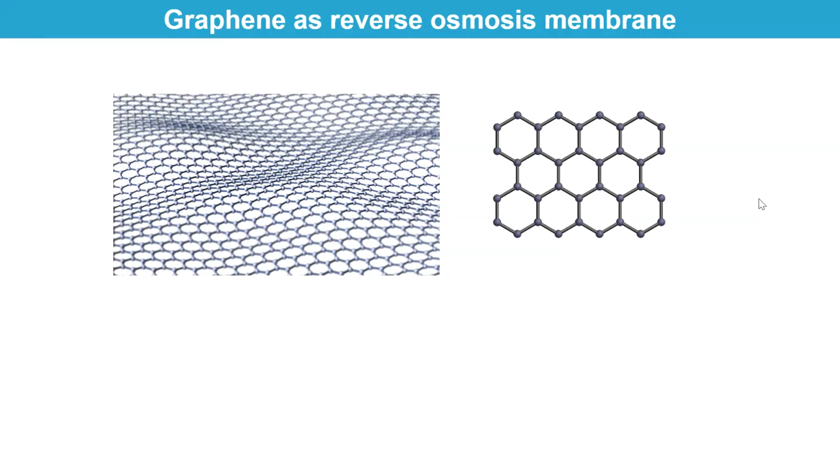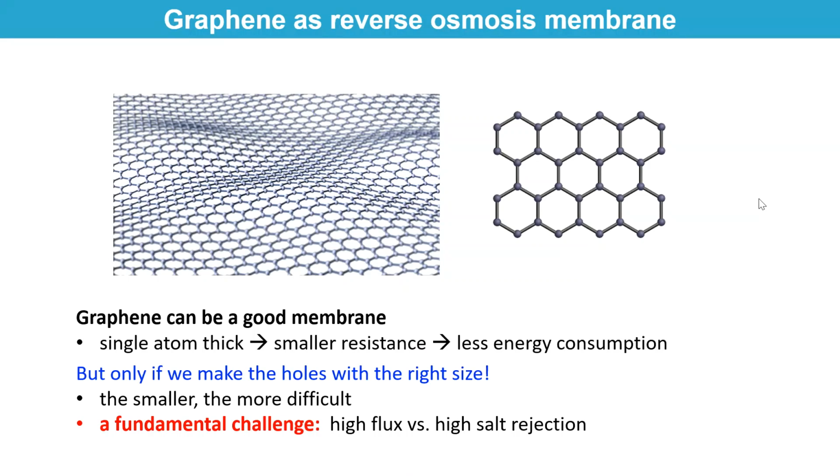So the idea here is that if we can somehow dig holes onto this graphene sheet, then because the thickness of this membrane is very small, and recall earlier we said that the smaller the thickness, the larger the flow rate, that would really help us to lower the energy consumption per unit mass of water going through this.